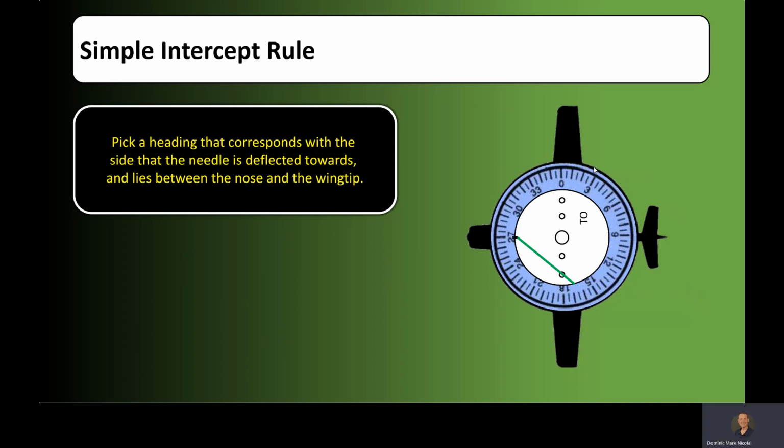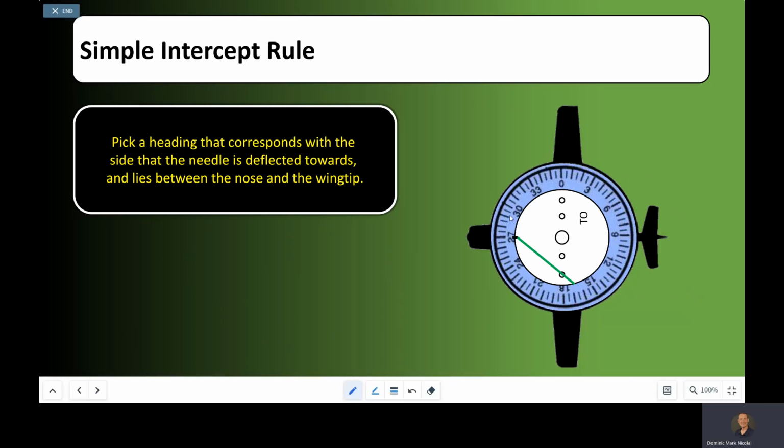So in our example here, we have a left needle deflection. I will tell you that the airplane is on a magnetic heading of 270 degrees in this problem.